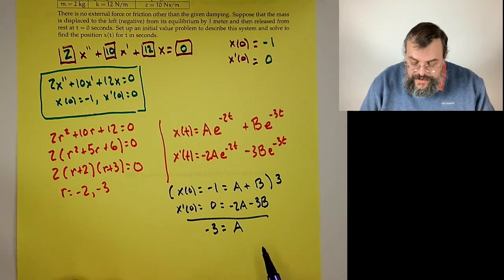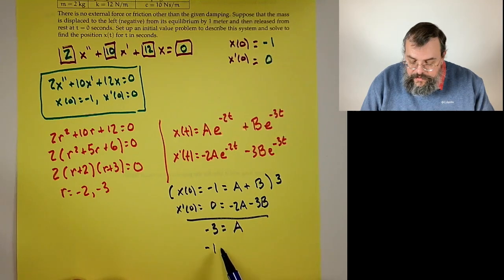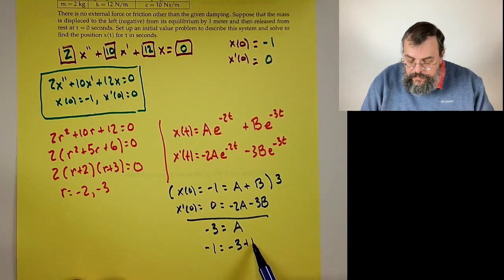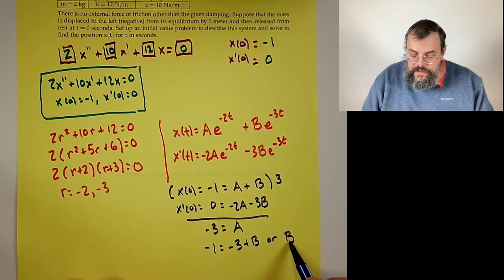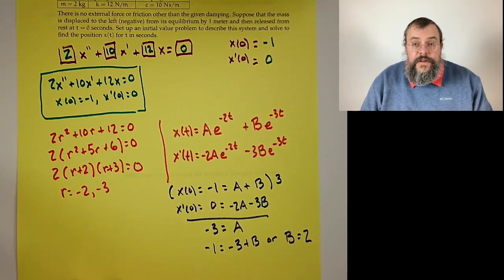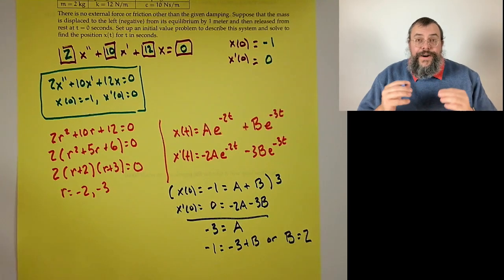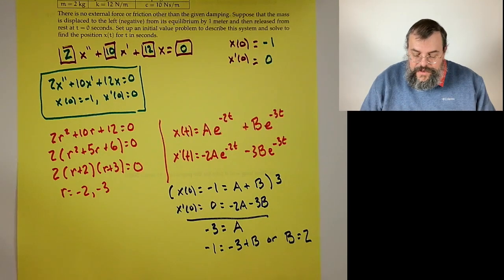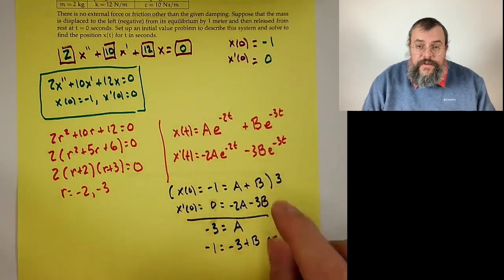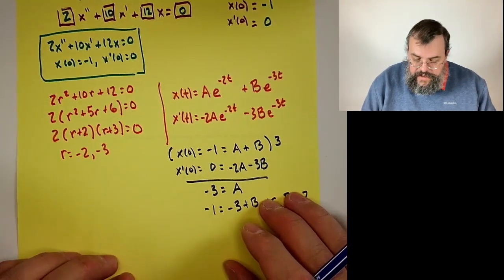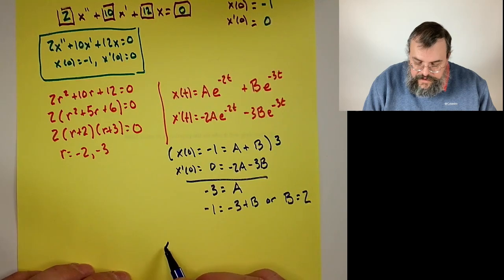And now, since you know a, well, that says -1 equals -3 plus b, or add 3 to both sides, b is equal to 2. So our answer, since we know a, we know b, we substitute in. And we just pay attention to make sure we put in the right value in the right place.